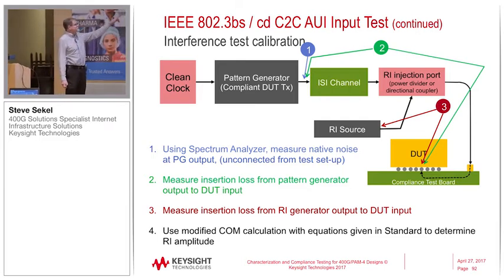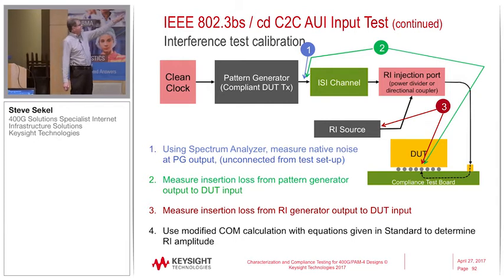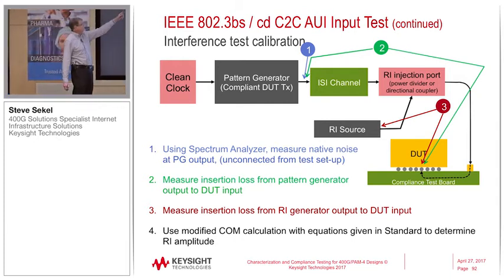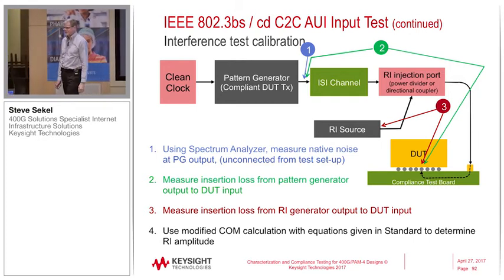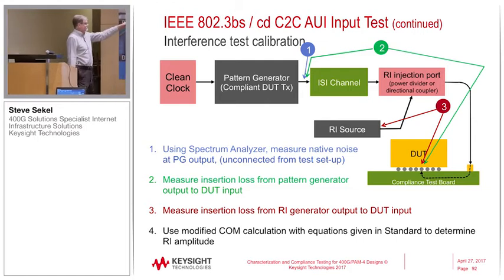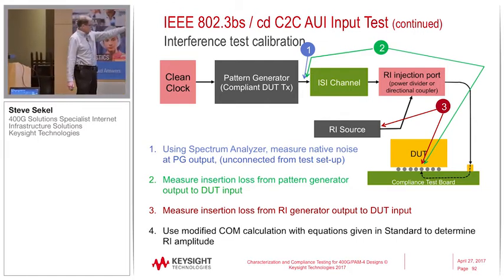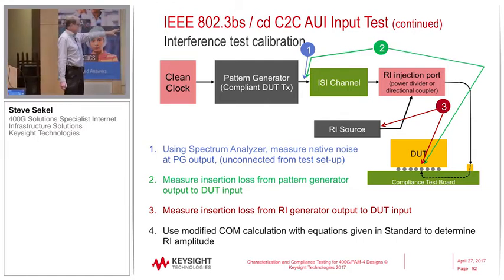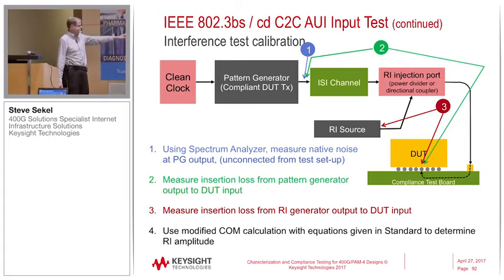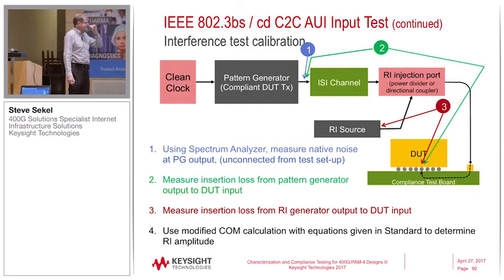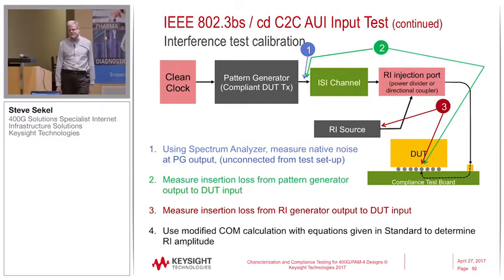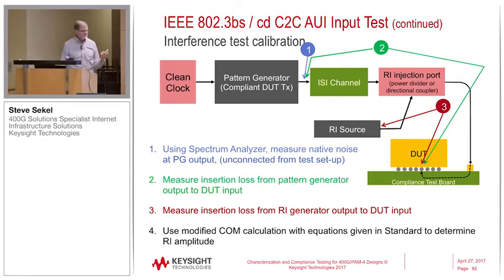Then we measure the insertion loss all the way through the test channel, from the ball of the chip to the input of the ISI channel. Then we measure the insertion loss of the RI channel from the output of the RI source to the test point. You plug all those numbers into a modified COM calculation that is referenced in the standard, and that tells you how much power you need; actually they specified millivolts.